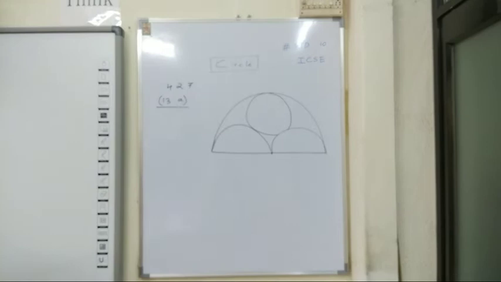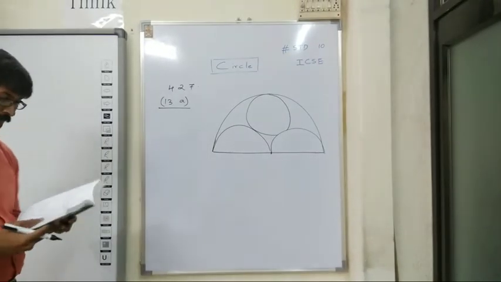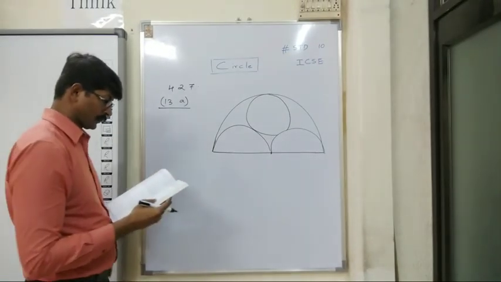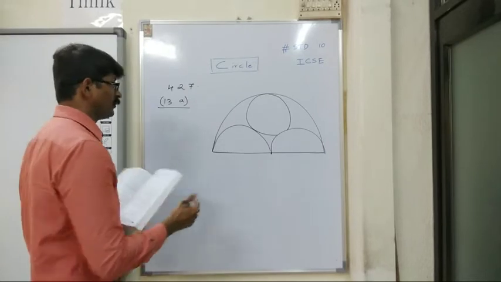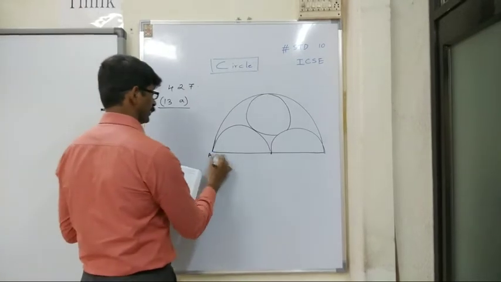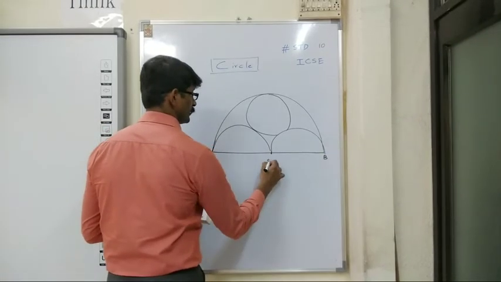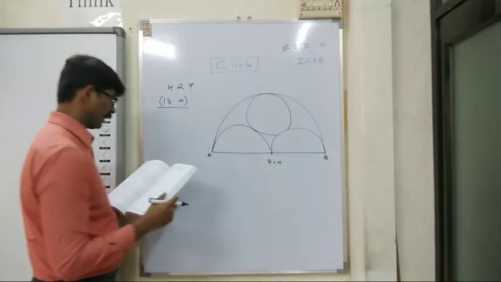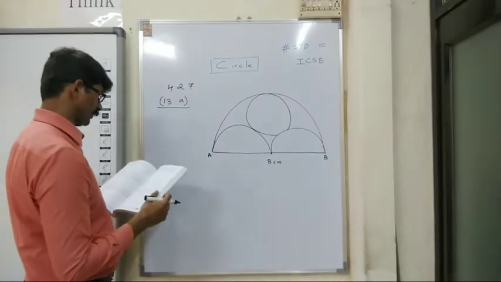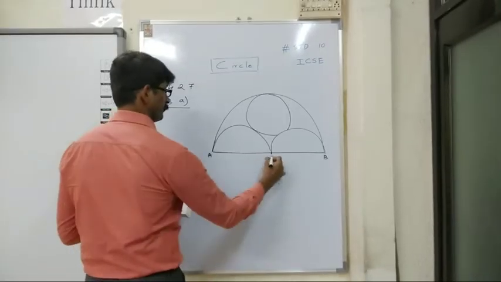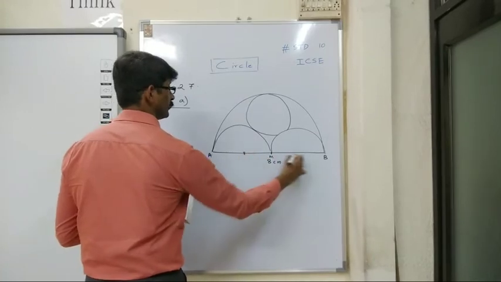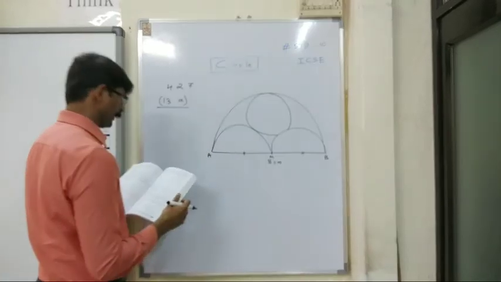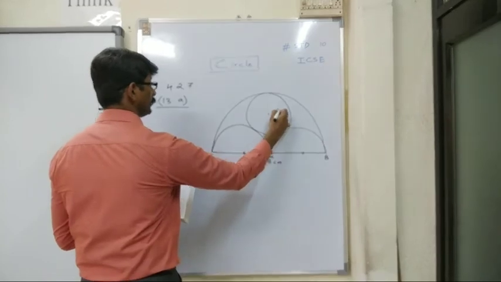It is given that AB is 8 centimeter, and M is the midpoint of AB. This and these two are equal, and there is point C over here.